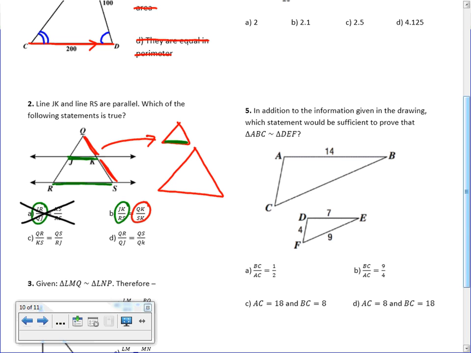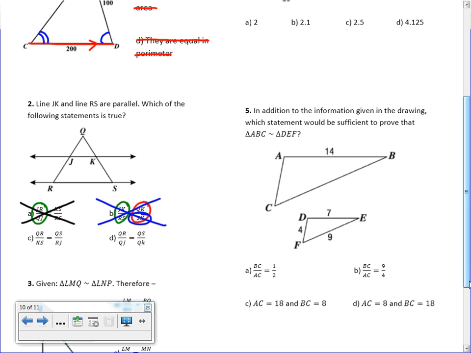You take the bottom part of the little triangle, and it does correspond to the bottom part of the big triangle. However, QK, this side, should correspond to the entire side of the big triangle. But that's not what this one says. It's only using from S to K. So that does not work. Erase my diagram and get ready to try out the next one.